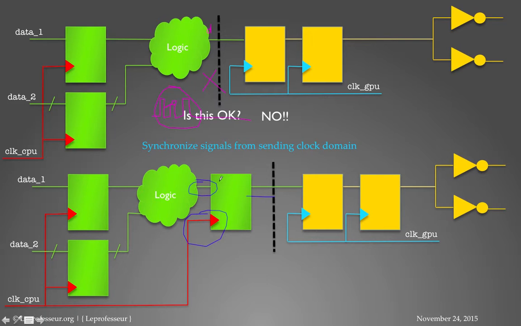Sorry, I shouldn't say synchronize at first, I should say register it. So you are just registering the D signal in the sending clock domain and synchronizing it in the receiving clock domain, and you are good to go. That circuit will work.